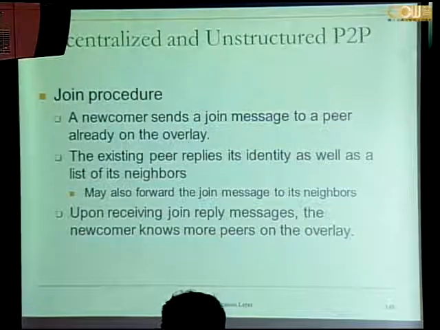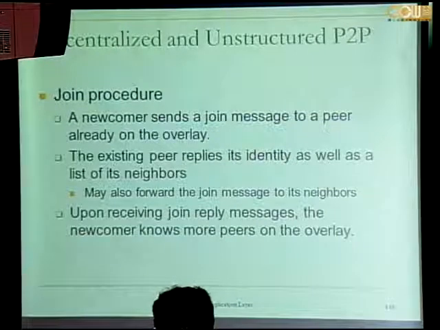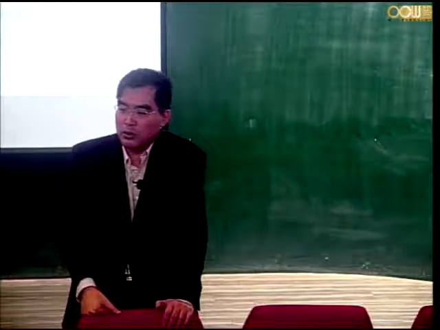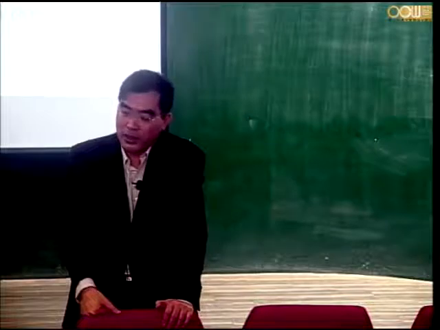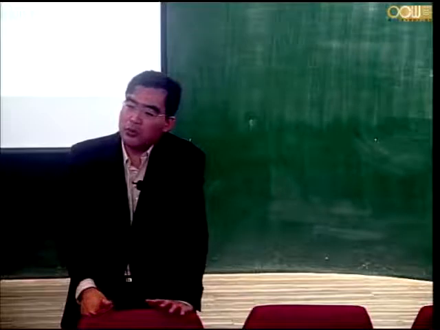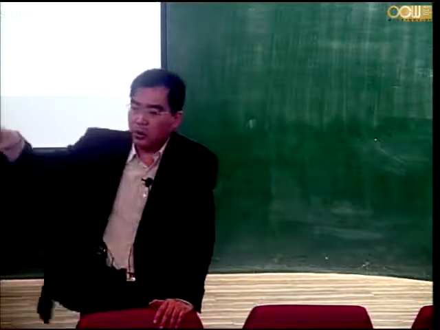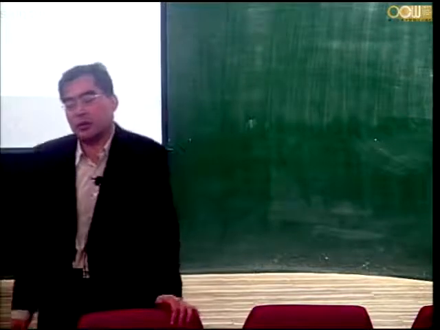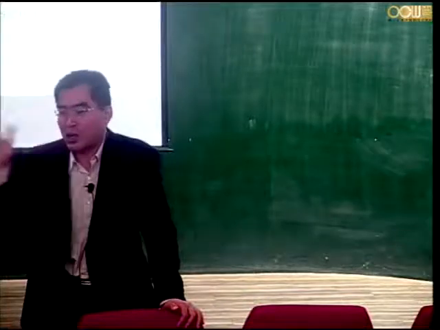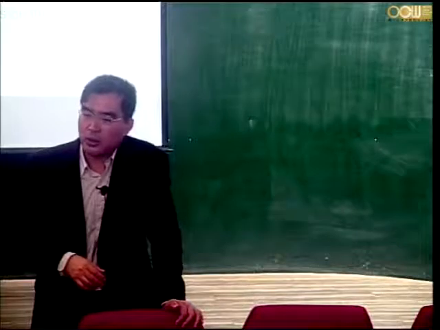And when you arrive, you only know her, and when you meet her, she will tell you some other people who she thinks you might need to know, who are also in the same department or from the same country as you.